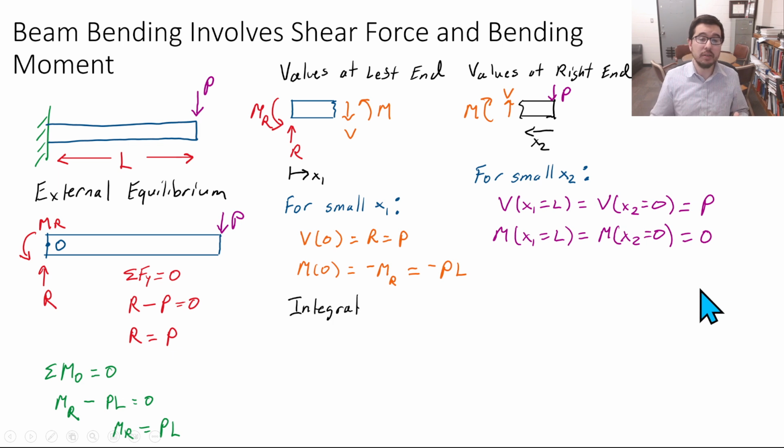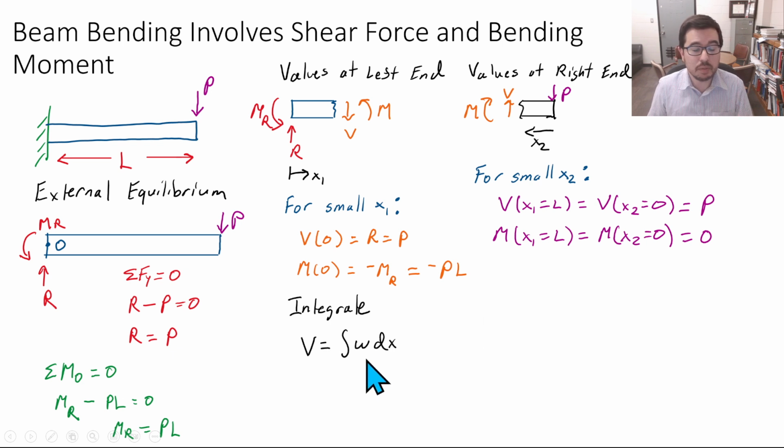Now, let's go ahead and use the dV/dx is equal to w formula and use it in the integral form. So we have V is equal to the integral of w dx. w, though, is equal to 0. There's no distributed force on top of this beam.